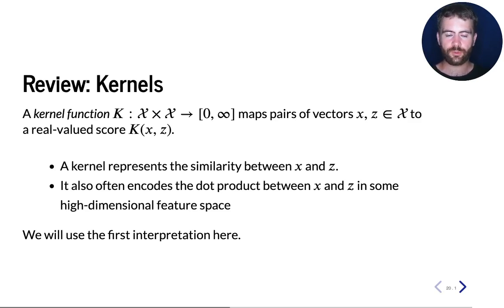For many types of kernels, we can show that these features do exist, and kernels actually correspond to mapping in high-dimensional feature spaces. But this latter interpretation of feature spaces is not really important. We're going to use kernels in their first definition, which is a measure of the degree of similarity between x and z.